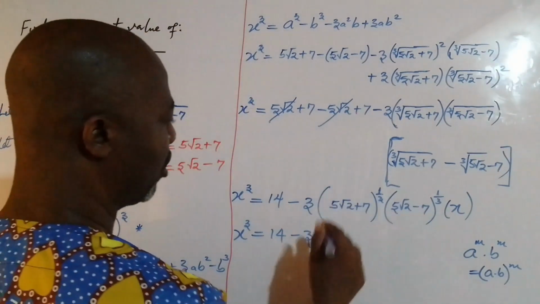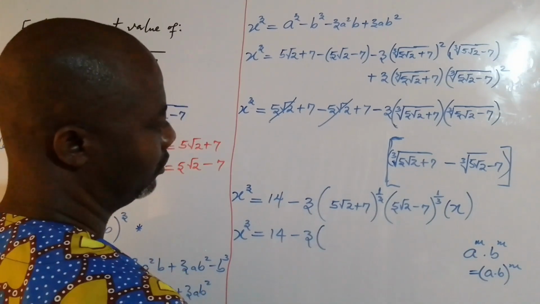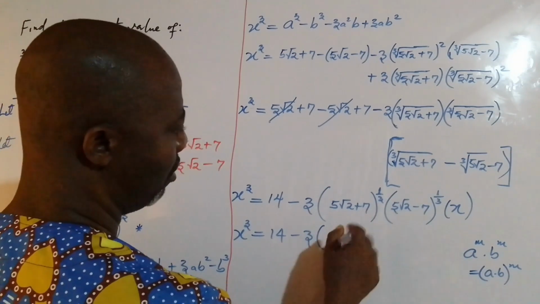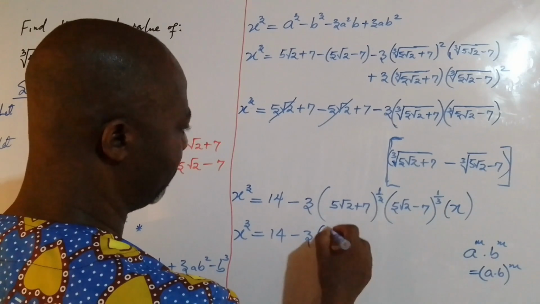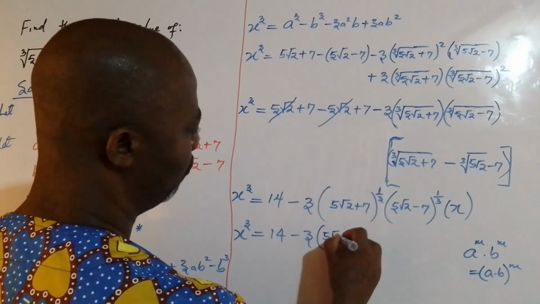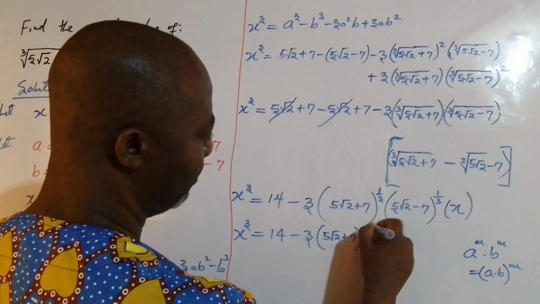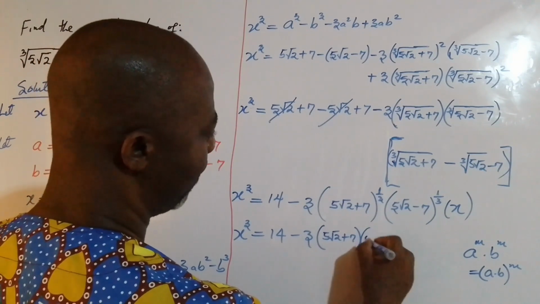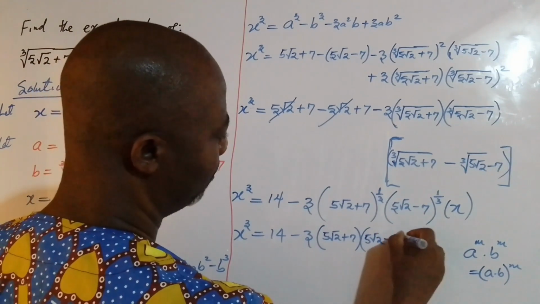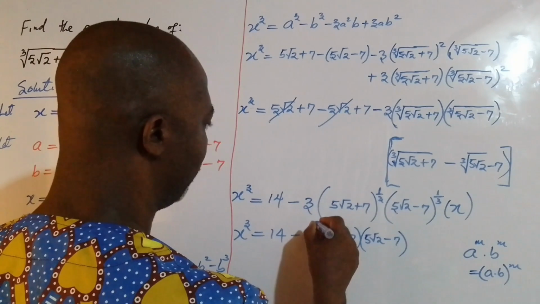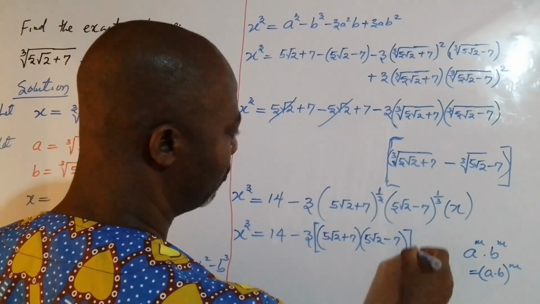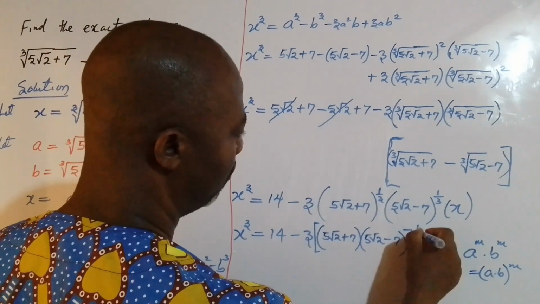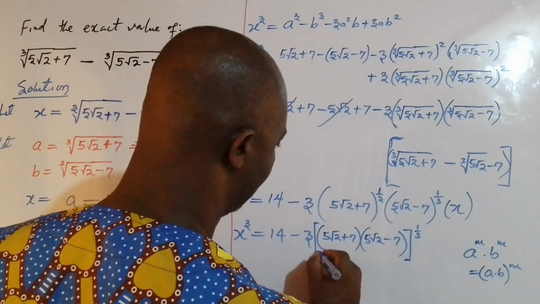So this now becomes 3 times, the two bases will multiply. That is 5 root 2 plus 7 times 5 root 2 minus 7, and then the whole of this will now be raised to the power of 1/3. I hope that is clear.